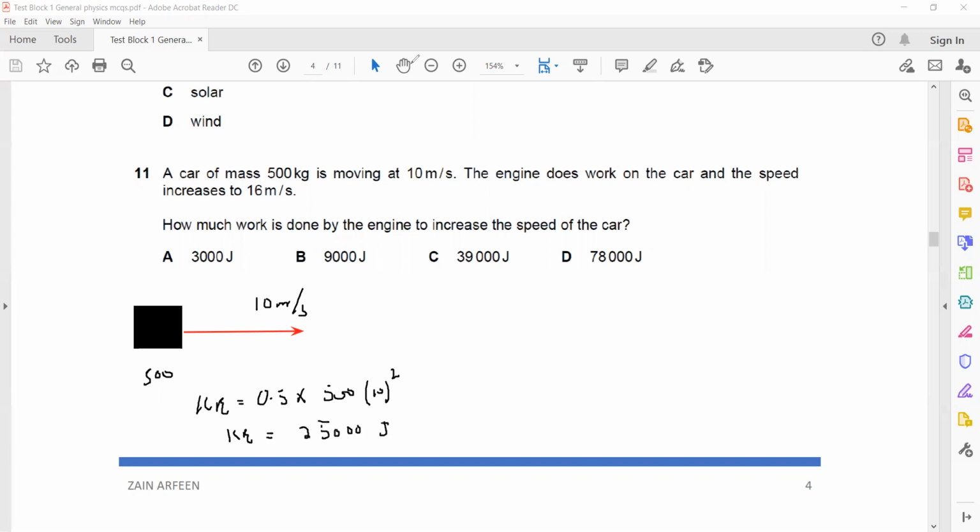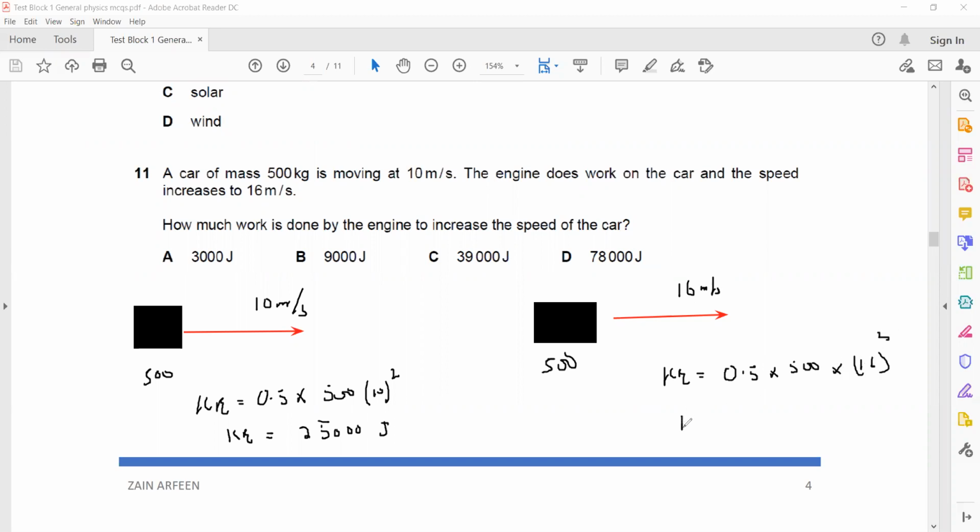But the car changes the speed. The mass is 500 and the speed of the car is 16 meters per second. So kinetic energy equals 0.5 multiplied by 500 multiplied by 16 square.